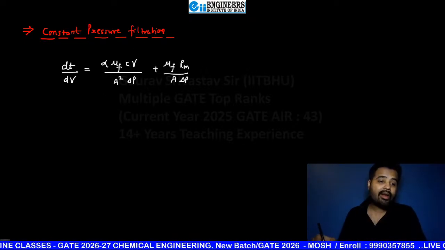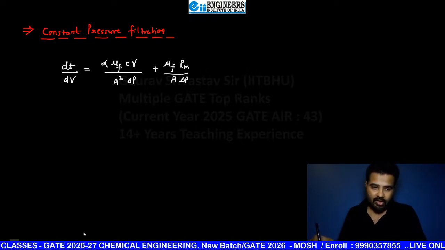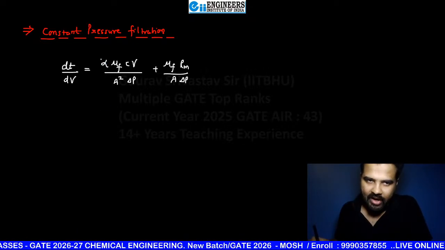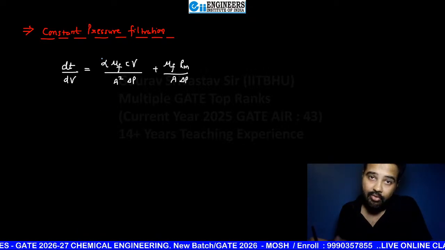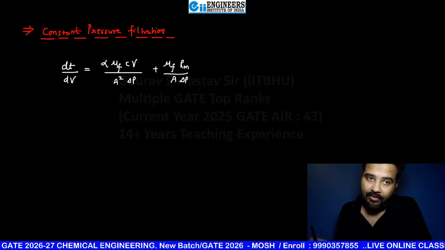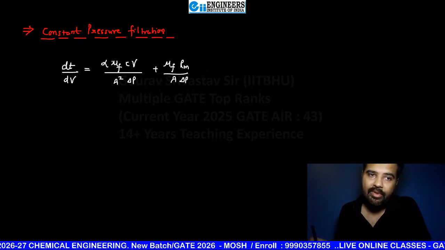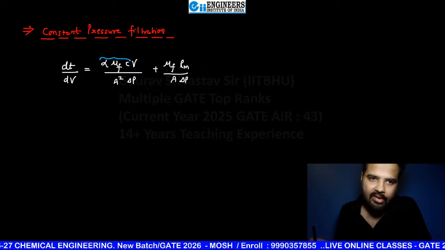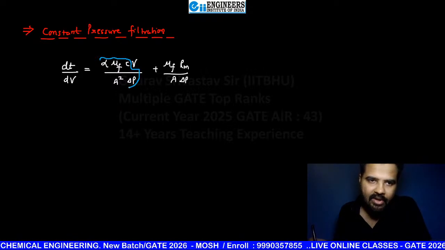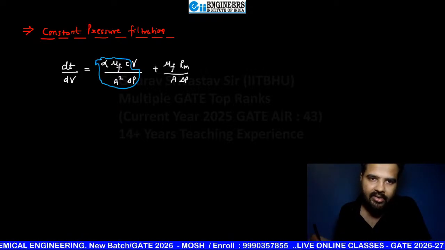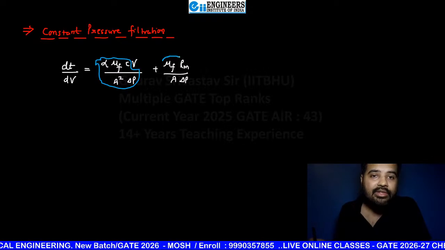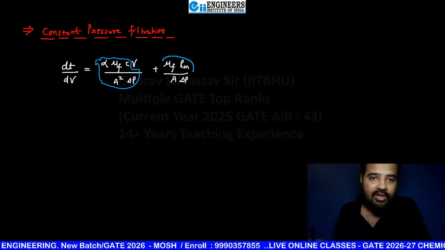You need to write like this. The beautiful thing you are going to see here: alpha is constant because delta P is constant, mu f is constant, c is constant, cross section area is constant, delta P is constant. Oh my god, these all terms behave like a constant. Mu f is constant, Rm is constant.